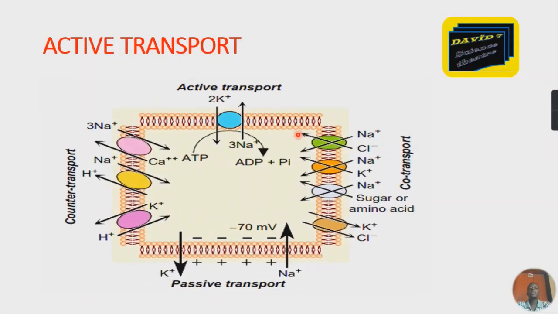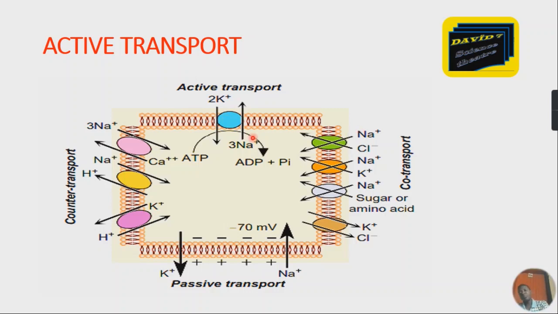Alright, so active transport. If you look at this, it is a complex of a lot of things, but I can take you through it. You can see we have exchange of ions between intracellular fluid and extracellular fluid, which is occurring via the cell membrane, the phospholipid bilayer.